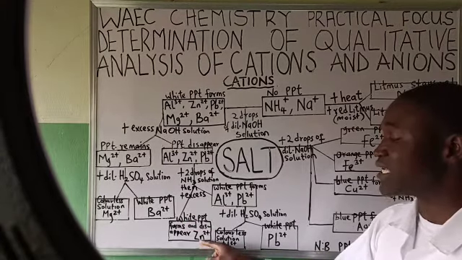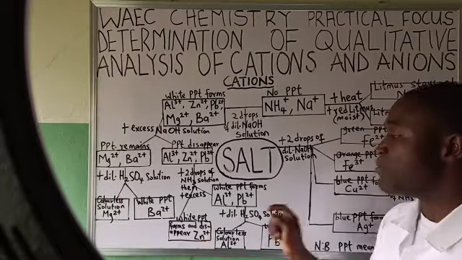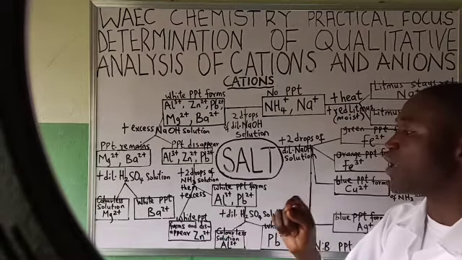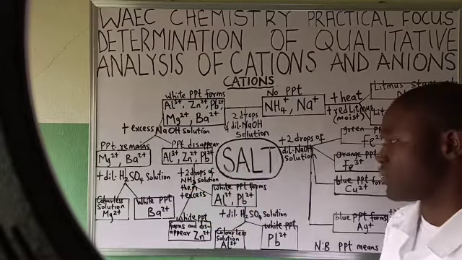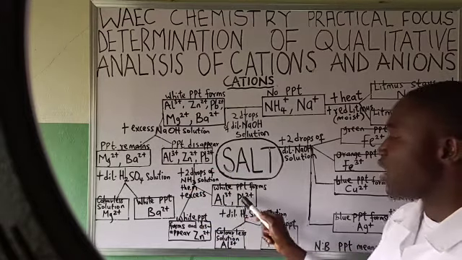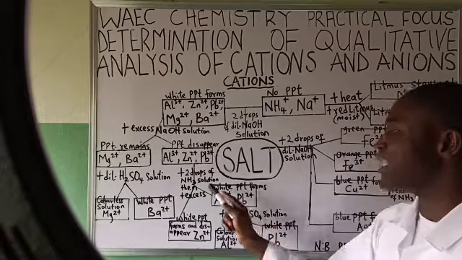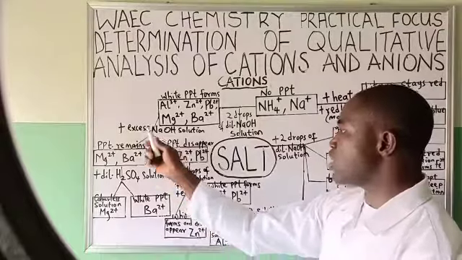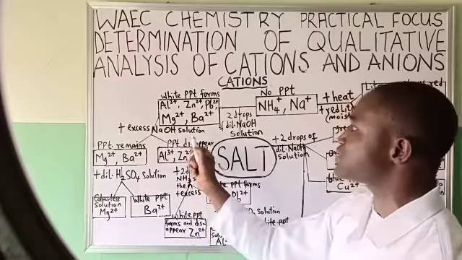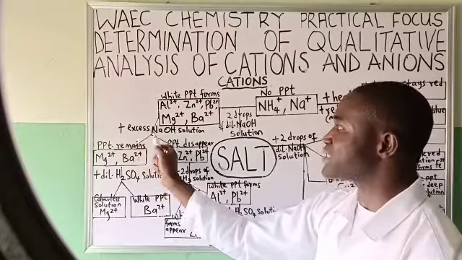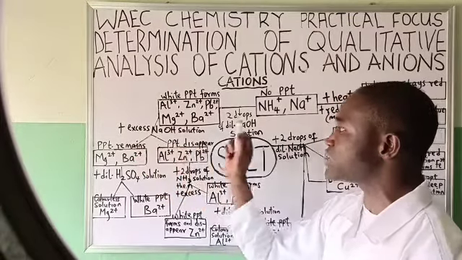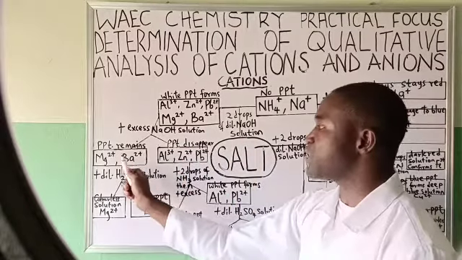Suspect zinc. That says zinc is confirmed, because zinc is very soluble in what? Excess ammonia. But aluminium and lead are not soluble in excess ammonia. We are done with this. Recall that when we put excess NaOH, that's sodium hydroxide, if the precipitate remains, this.